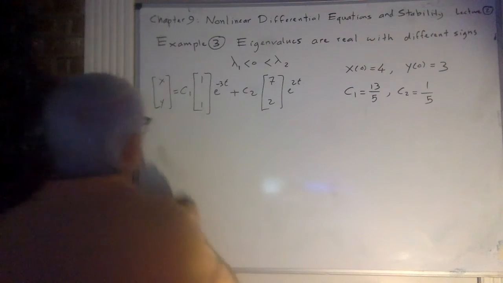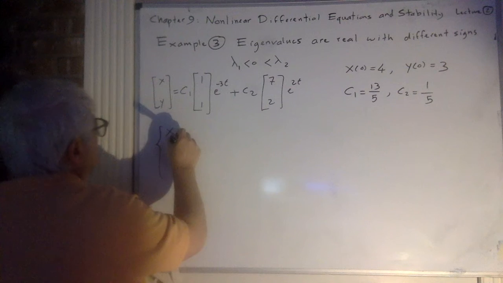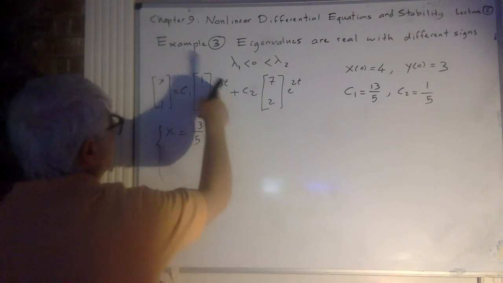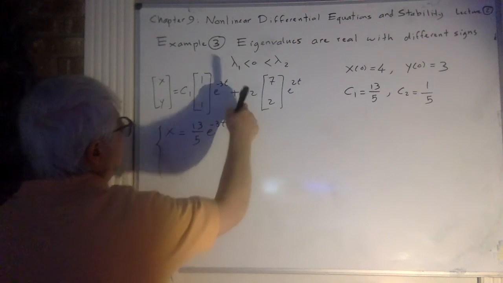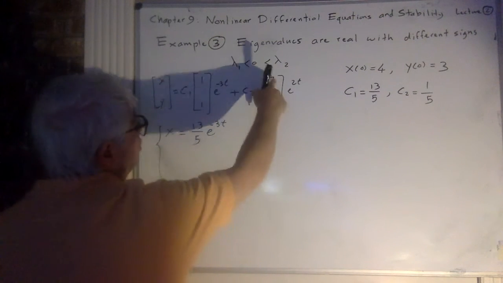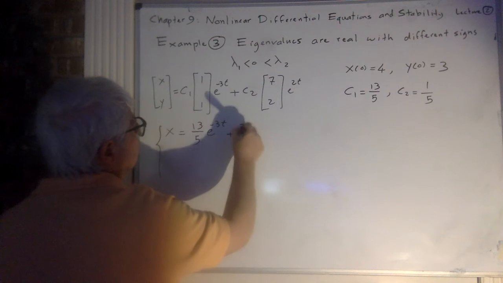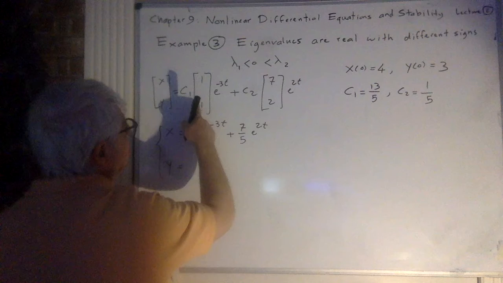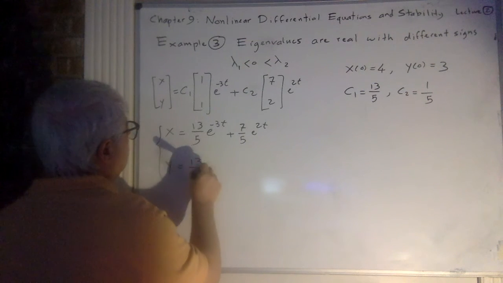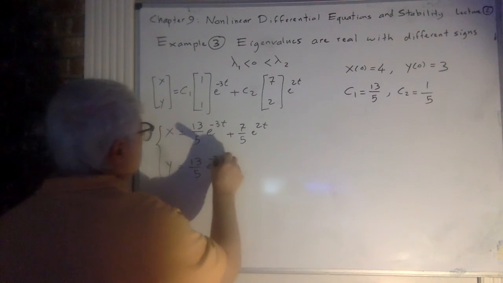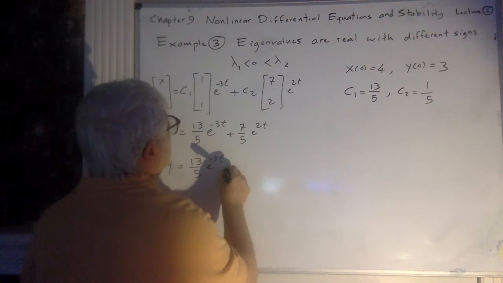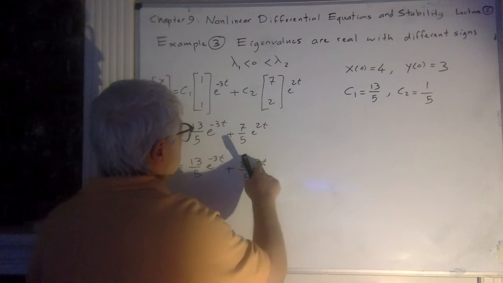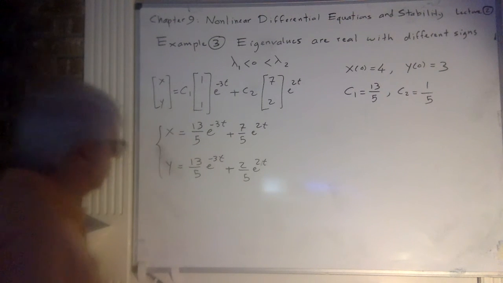So let me write them down separately. x will be 13 over 5 times e to the minus 3t, plus c2 times this, that is 7 over 5 e to the 2t, and y is 13 over 5 e to the minus 3t plus 2/5 e to the 2t.